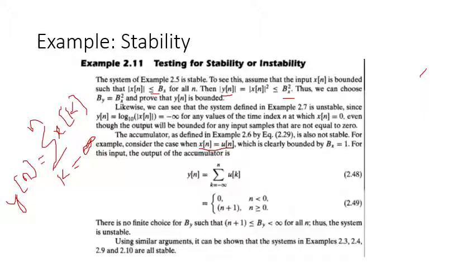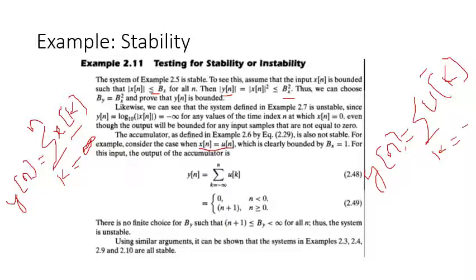It means that we take the form of the accumulator system, y of n equal to the summation, replacing the input with u, which is the unit step, and k is just a dummy variable. k starts from minus infinity to n. So now this is our system.